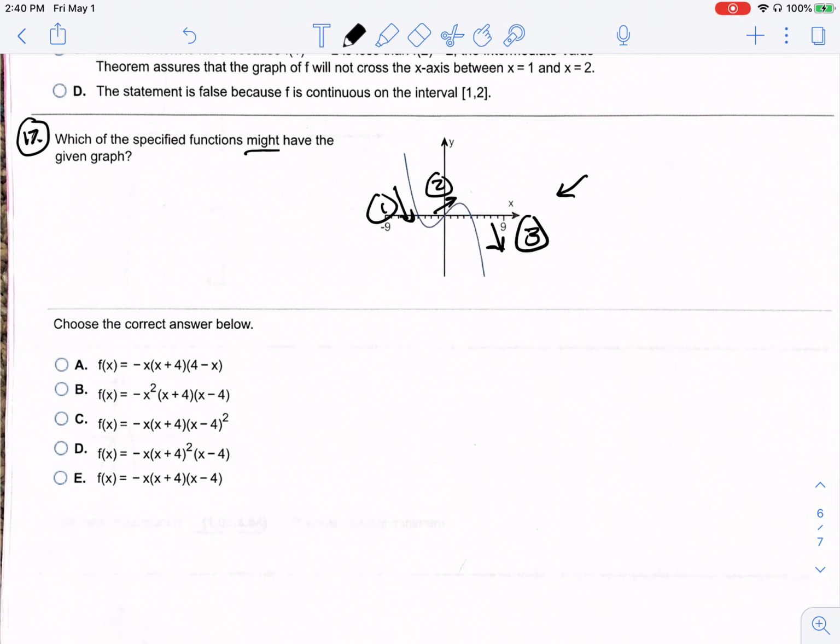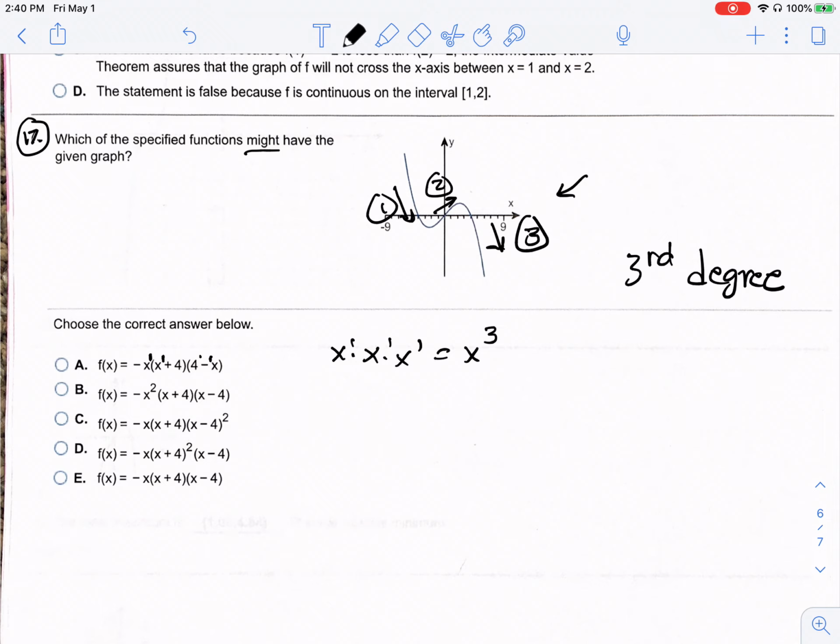Remember when you're finding, so this is third degree. Down here I have an x to the first and an x to the first and an x to the first. So I have an x times an x times an x. So I'm going to add up those exponents. It's going to give me an x cubed.